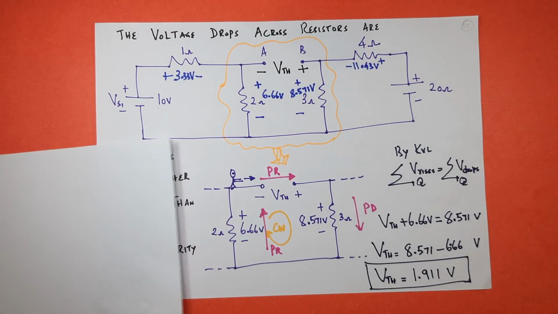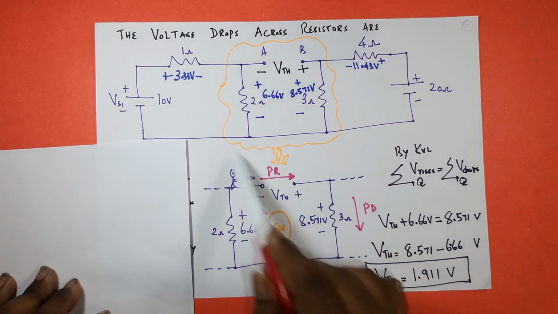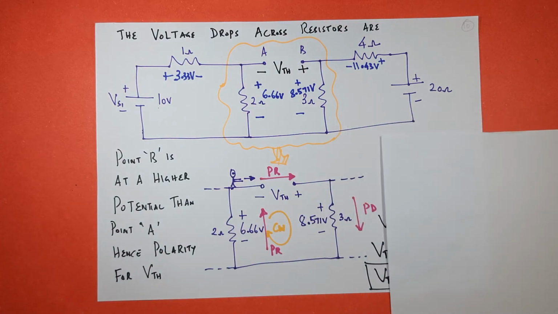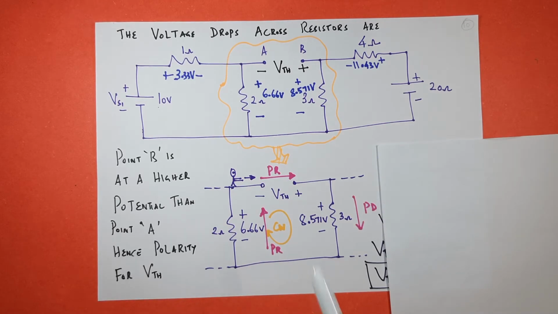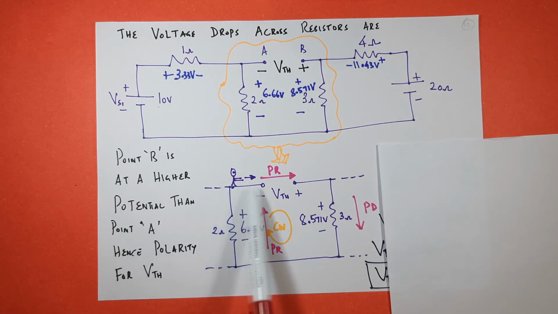Next, what we are going to do is, we will take only this circuit, only this loop, and we will apply Kirchhoff's voltage law. Okay. So I have taken this out separately. You know very well, you have to start at one point and move through the circuit in the clockwise direction.